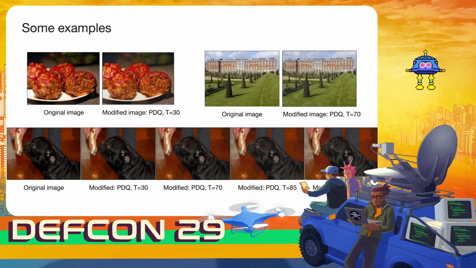What this shows is that our attack does not modify the image significantly. The two images are still very similar. So with just a very small perturbation, we can perturb the image such that the resulting hash is greater than the threshold T.